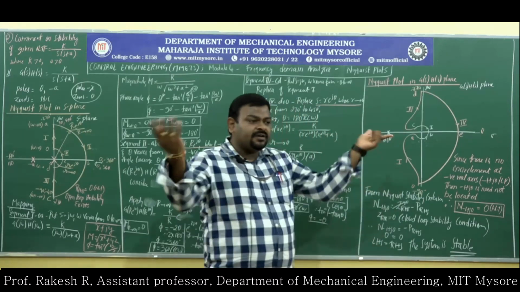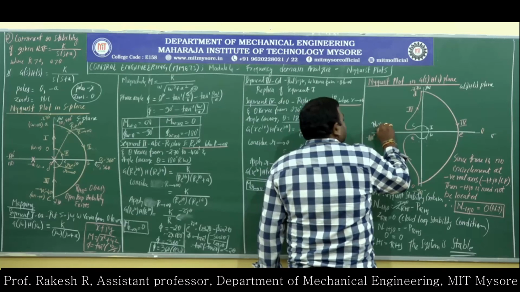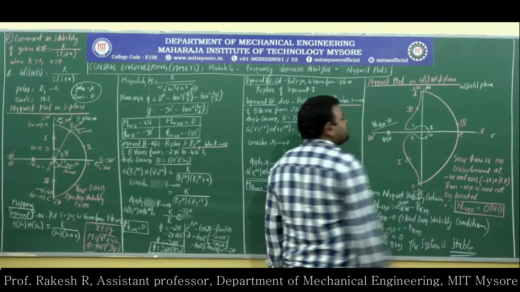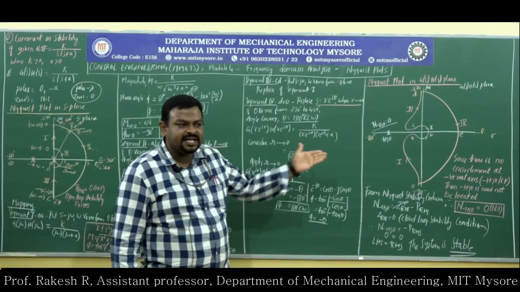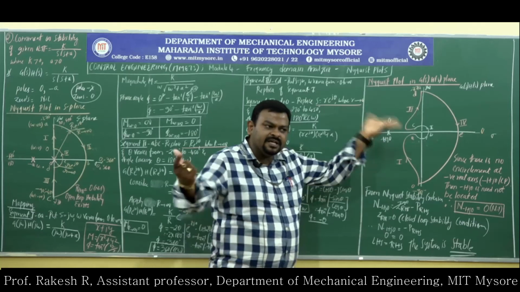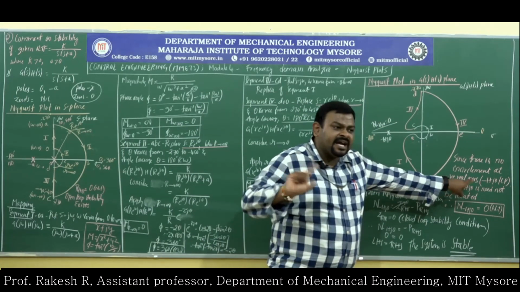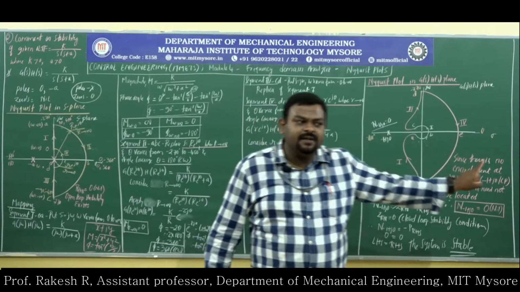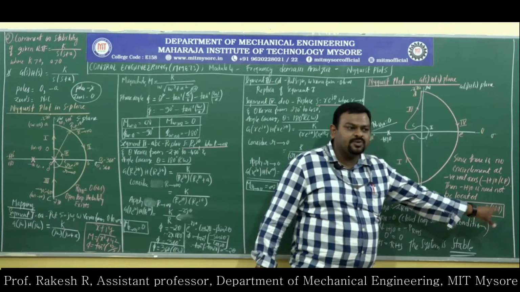If the plot is not crossing it, then directly you can write N of minus 1 plus j0 equal to 0. Since no plot crosses the negative real axis, you need not locate the critical point minus 1 plus j0. Directly you can take N of minus 1 plus j0 equal to 0.